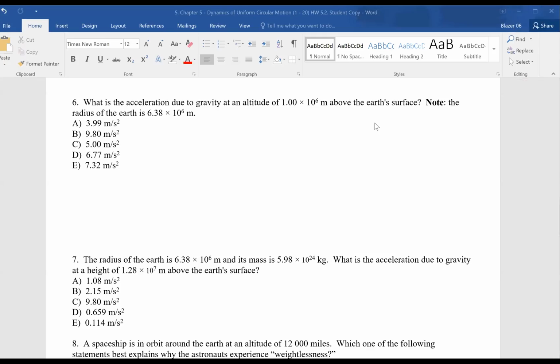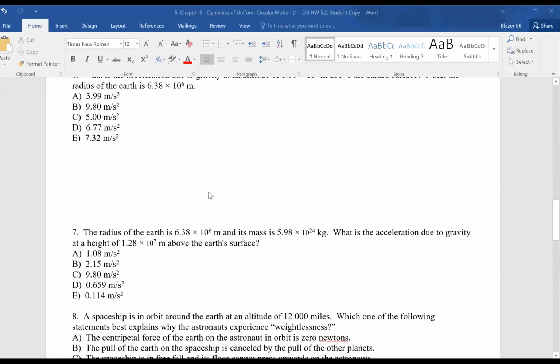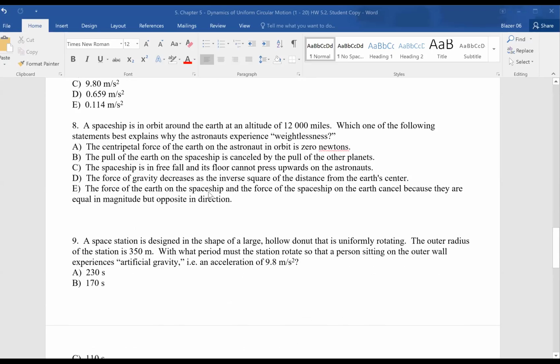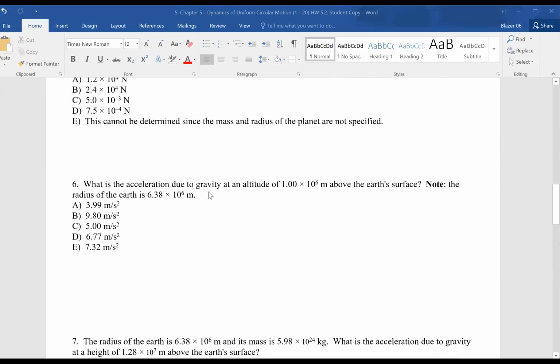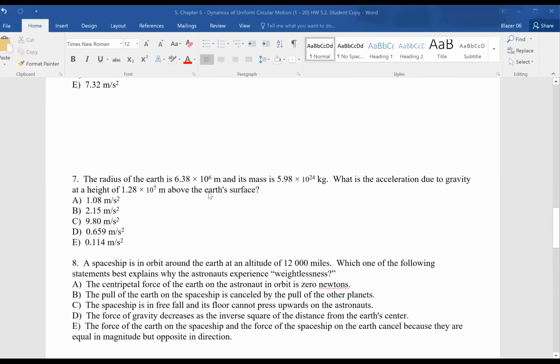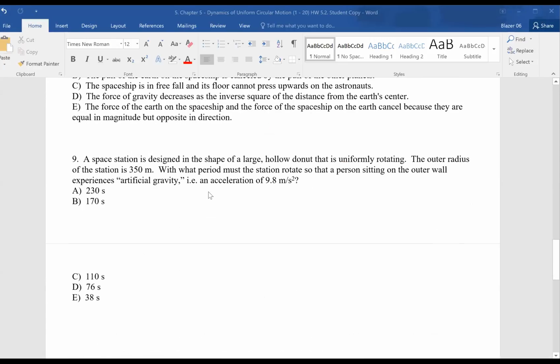Okay, so what I'm saying here is that these are our choices. And also remember, it has to be a value less than 9.8. Well, all these are less than, so we know that's the case. So we've got to work it out a little bit better. And then we're going to do the rest of these as your assignment. So all you have to do is 1, 2, 3, 4 more, because we've done most of these.